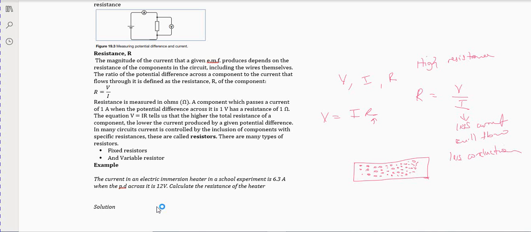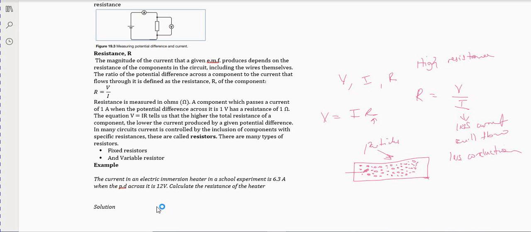If I increase the resistance, when current starts to flow, the charges that the current brings to this component will be impacted by the material, the makeup of this material. Because we know every material is made up of particles.